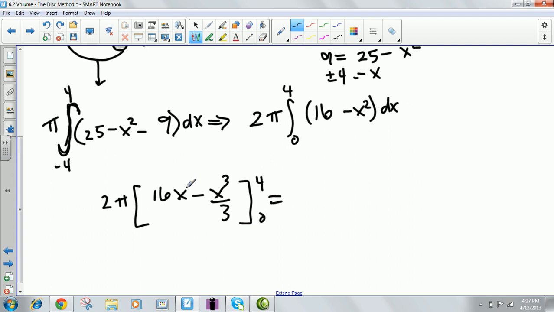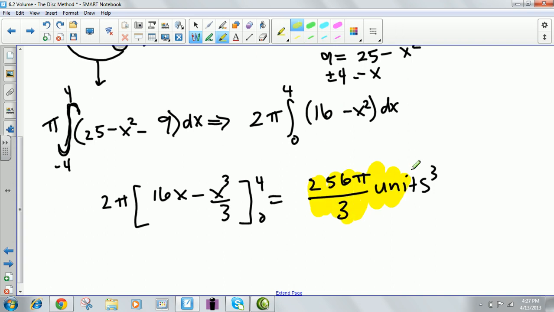And when you plug the 4 in there, you get 64 minus 64 over 3, times 2 pi. You end up with 256 pi all over 3, and that's cubic units. There we go. Okay, so then that would be your final answer for that one.